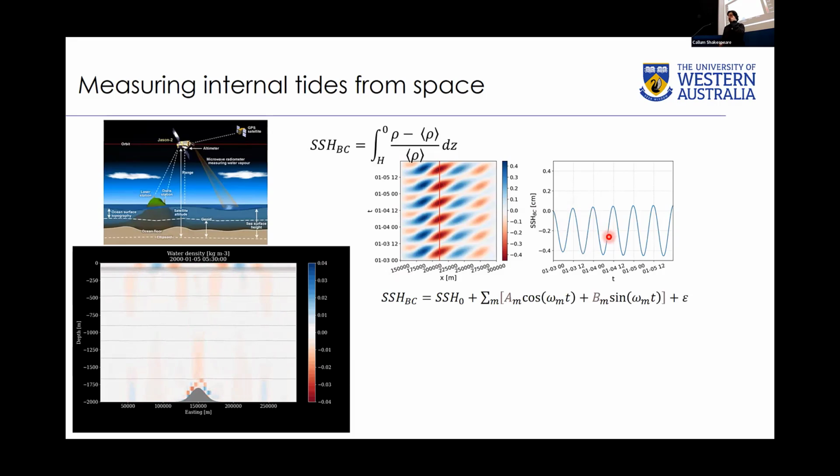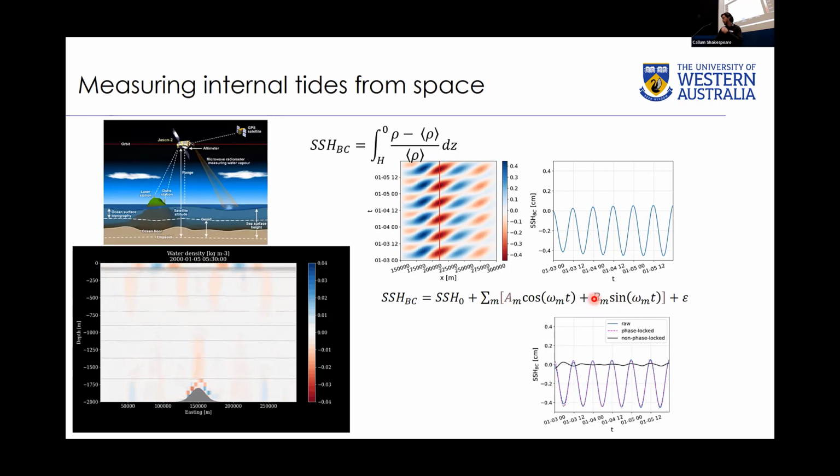But because the satellite is measuring every 5 days, they do a harmonic fit. They fit sinusoids at fixed frequencies, which relate to the astronomical tides, and they're really getting the amplitudes from the signal.